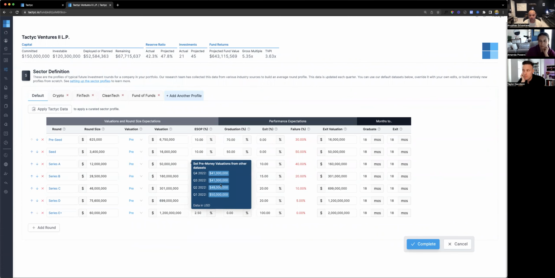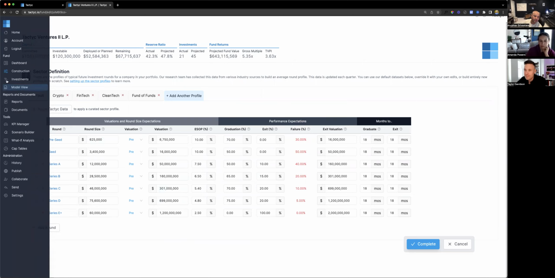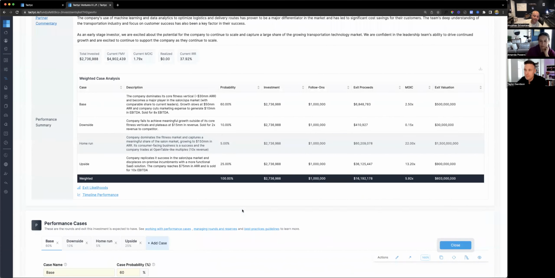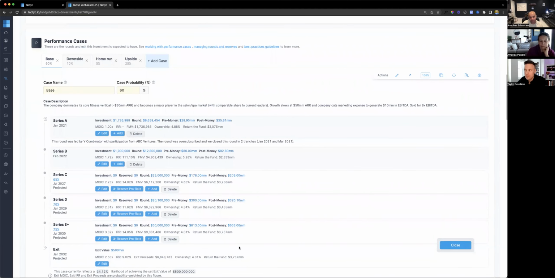This is coming from Carta, Crunchbase, PitchBook in terms of median round sizes and valuations. We update this every quarter. Obviously, you might want to tailor this for your geography, for your sector, but that is the starting point for when you're building an actual investment. We assume it'll do what you said it'll do on average for that sector. And then you can come in and customize those over time.